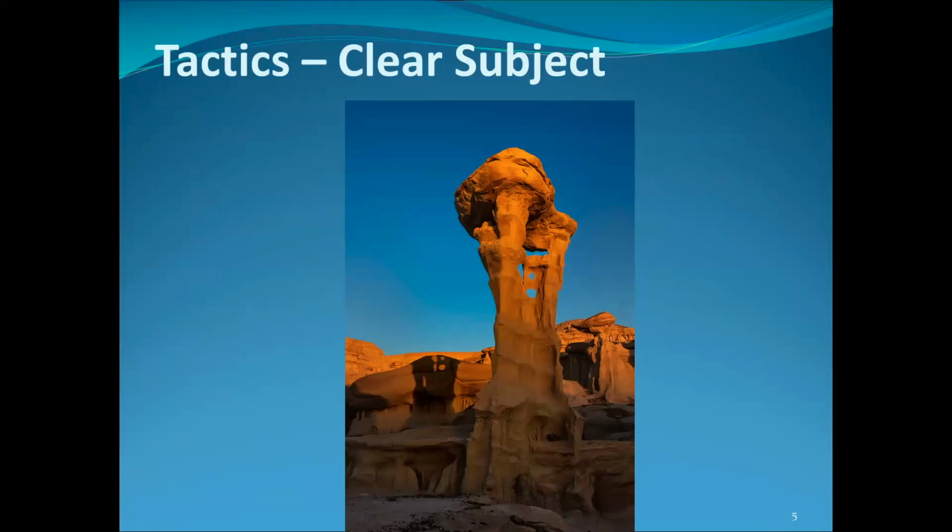So first tactic is clear subjects. The other day when I was thinking about this, I've been a photo club member for about 15 years, and I watch not all, but most of the image reviews. So I figured I've seen on average 8 image reviews a year with maybe 40 or 50 images in each one.